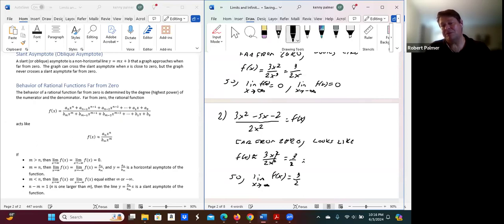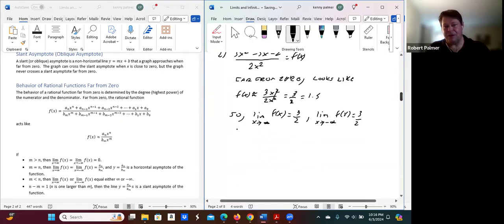Remember, 3 halves is equal to 1.5. And the limit as x goes to negative infinity also goes to 1.5, or 3 over 2.